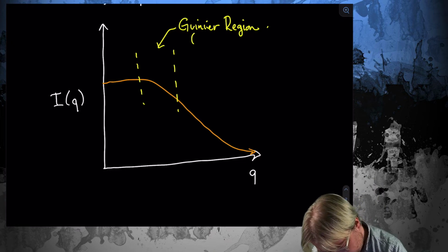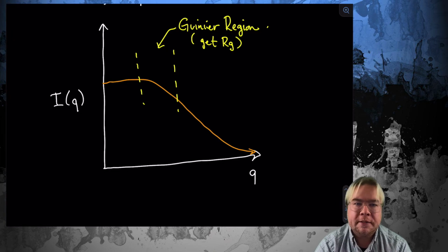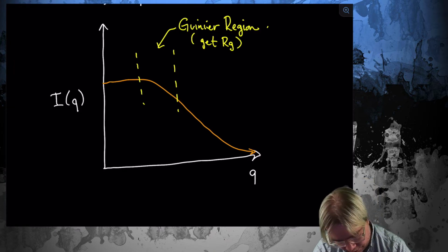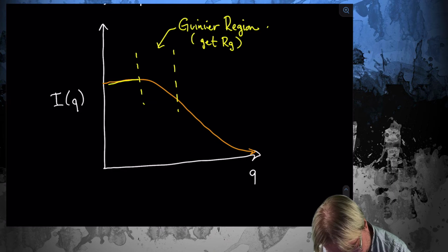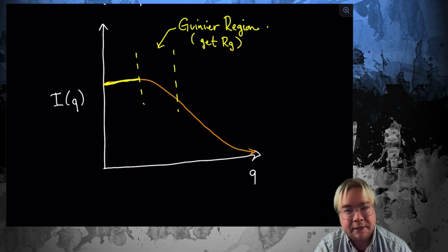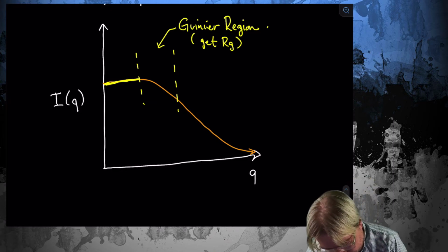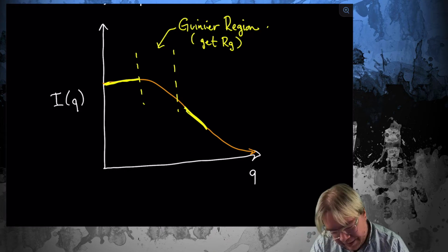So I can get RG. And remember also that in addition to getting RG like that, I can also fit using Guinier's law to get what the radius of gyration should be. Remember that down here, the intensity is constant. And that in this region, the intensity decays.